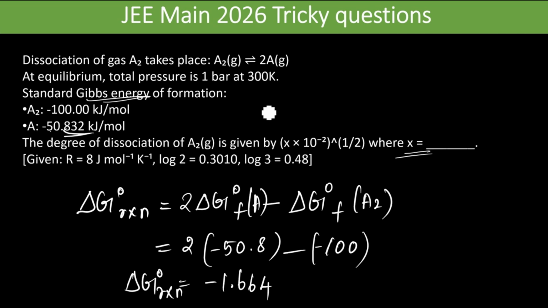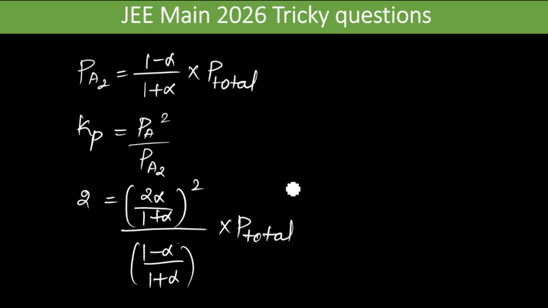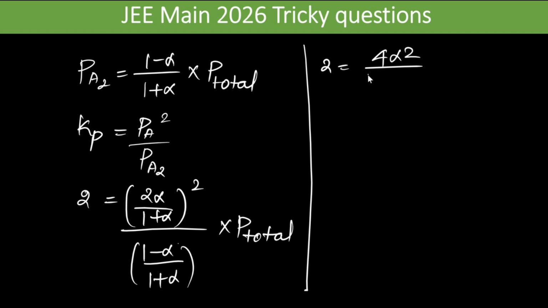What other information is given? Total pressure is 1 bar at 300 Kelvin. So substitute total pressure 1 bar, and taking the rest to the other side, 2 equals 4 alpha squared by 1 plus alpha, 1 minus alpha.